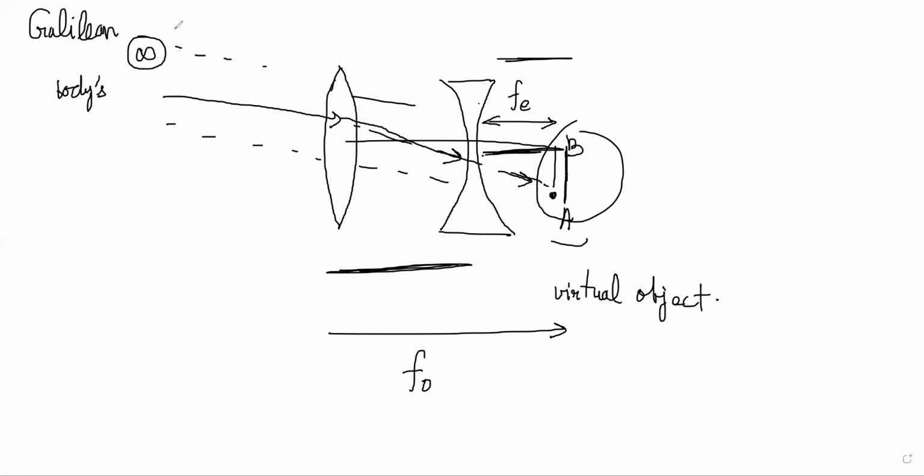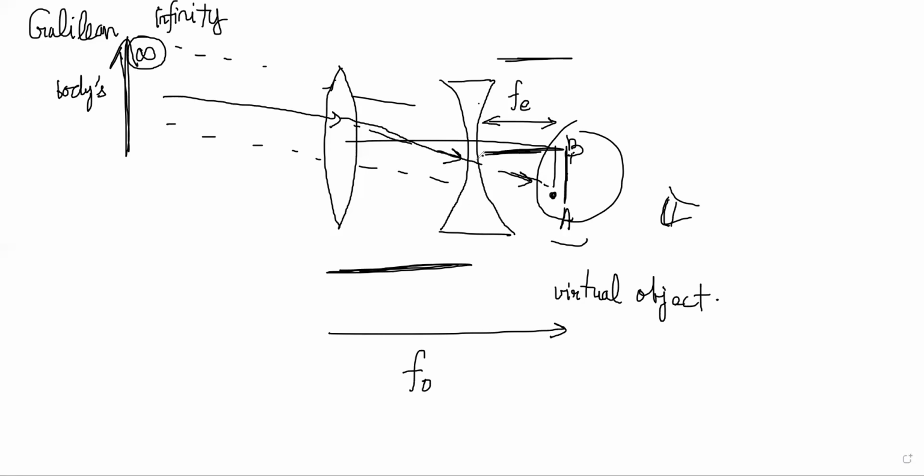After that, the final image is at infinity, and you can see it from this side. Notice that it will be erect, vertically upright, because it's a virtual image. You can check it by calculations also. You already know the image is here.